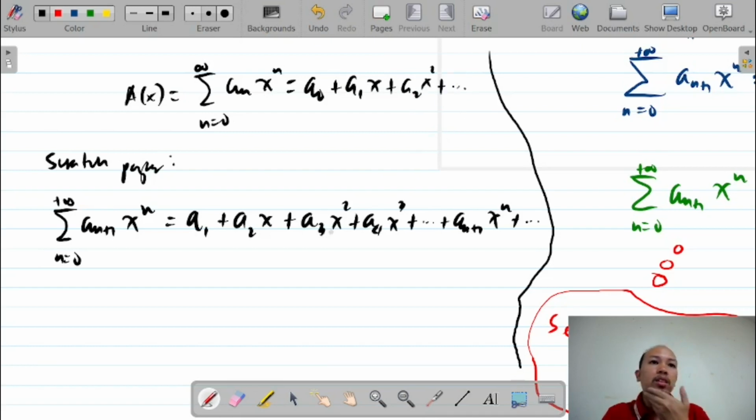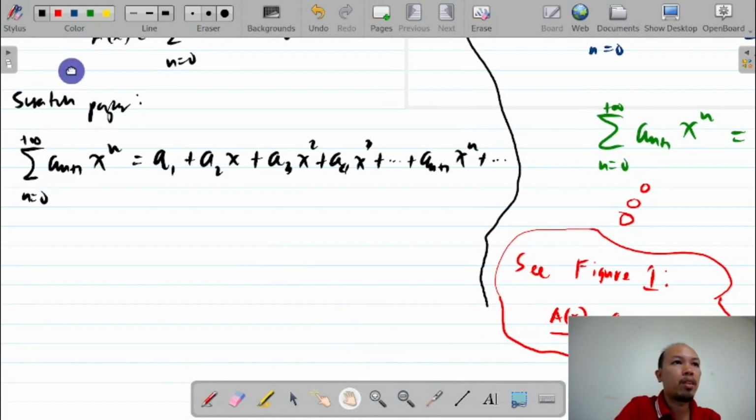Okay, so notice that this one here starts with a sub 0. So what we will do is we are going to add a sub 0 here.